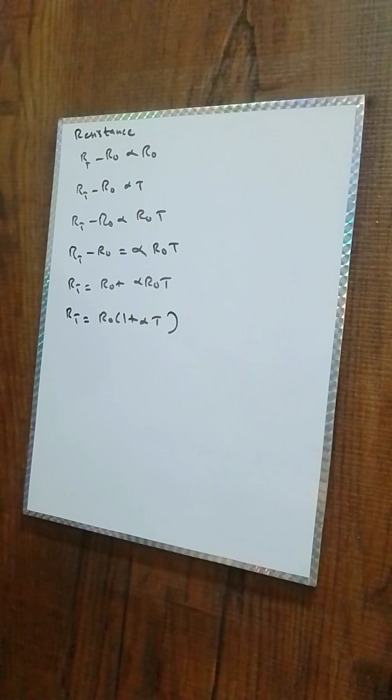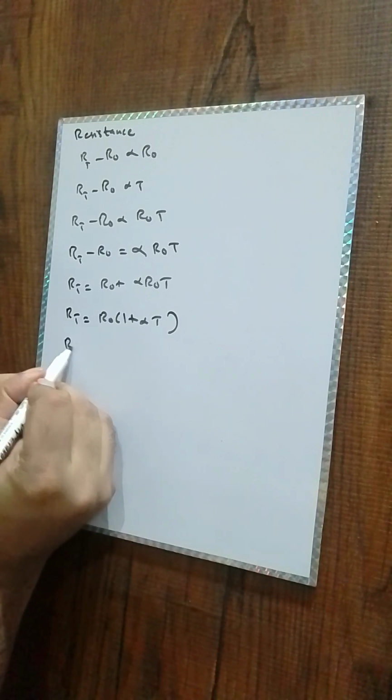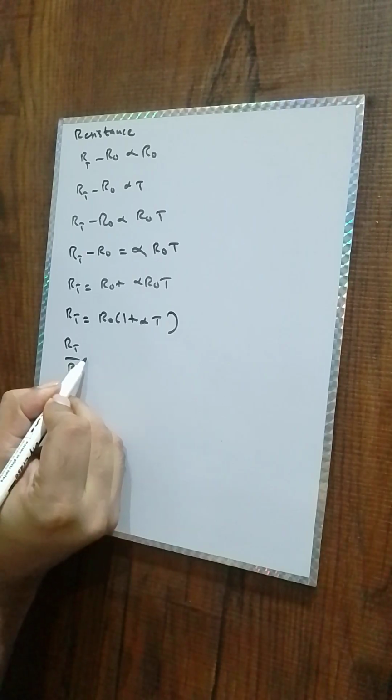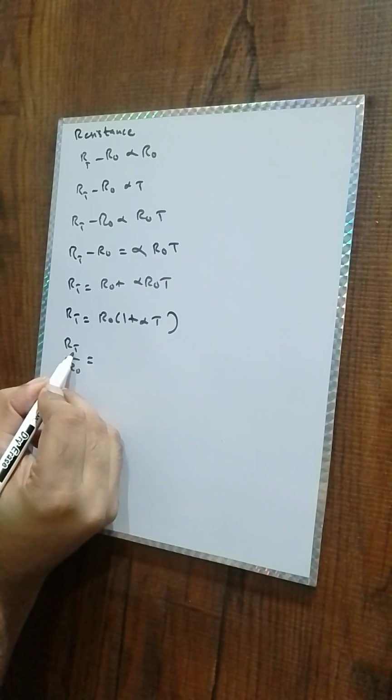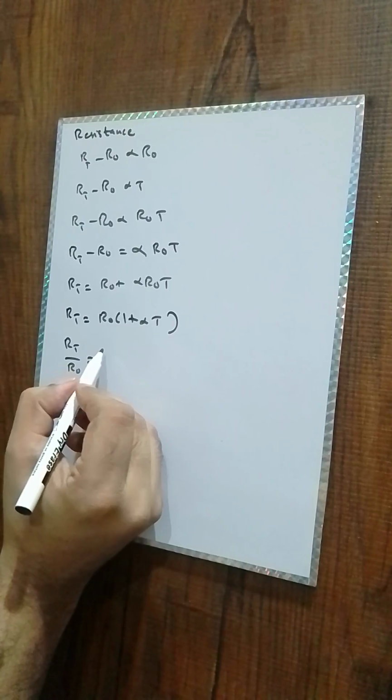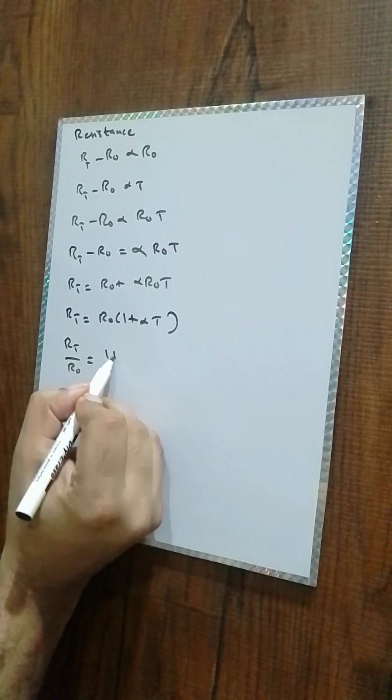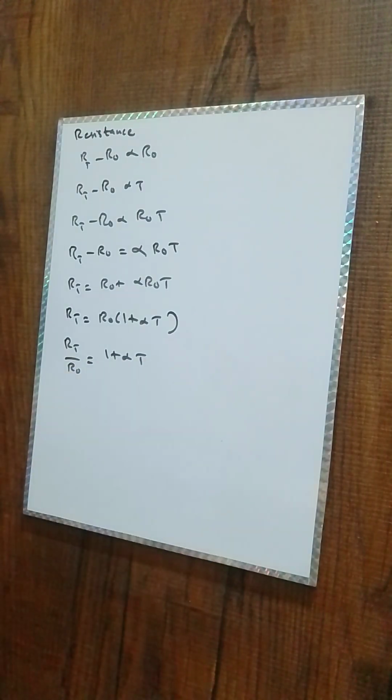So this is the form which can be rearranged into RT by R naught. The ratio of the final to the initial reference resistance is equal to 1 plus alpha T. Alpha is the constant of proportionality, and T is the temperature.